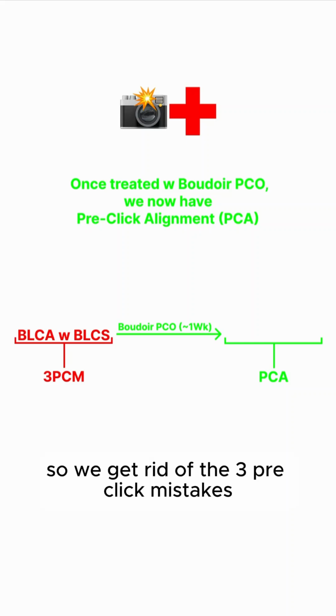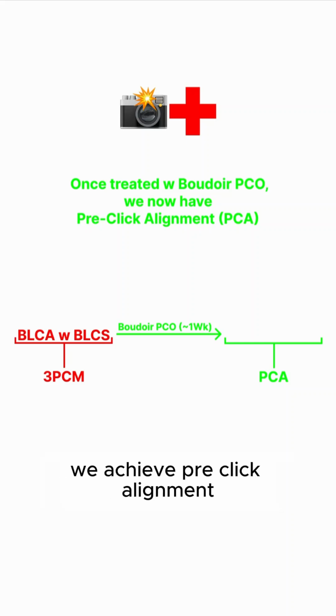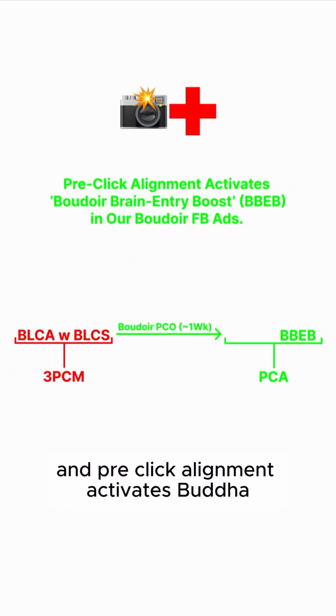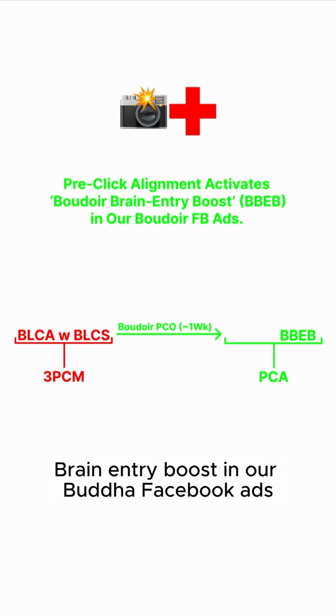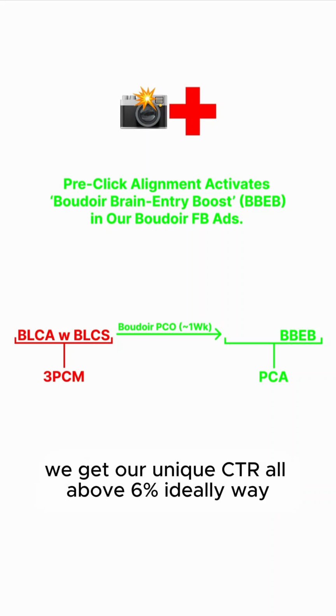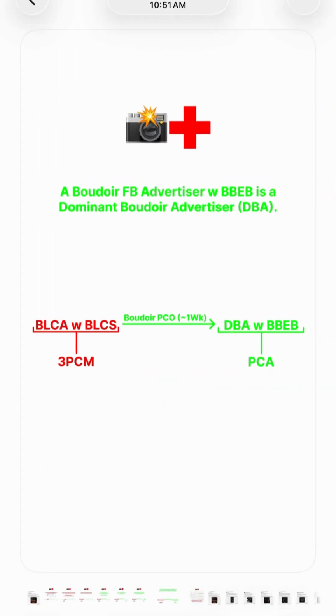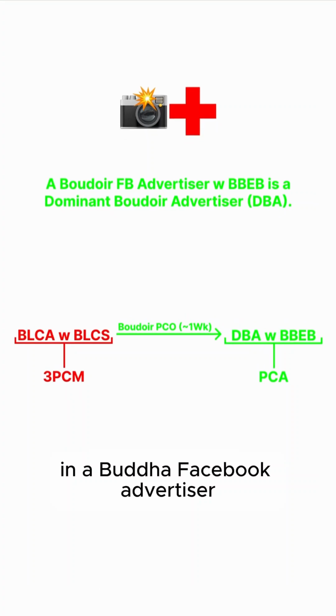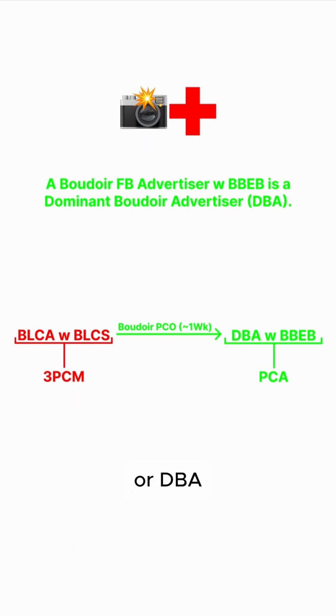So we get rid of the 3 pre-click mistakes. We achieve pre-click alignment, and pre-click alignment activates Boudoir brain entry boost in our Boudoir Facebook ads. Basically, we get our unique CTR all above 6%, ideally way, way, way above it. And a Boudoir Facebook advertiser with Boudoir brain entry boost is a dominant Boudoir advertiser, a DBA.